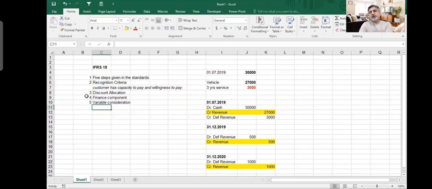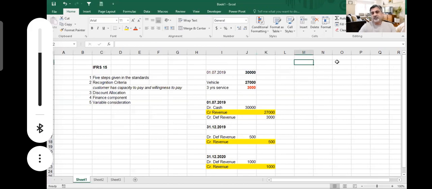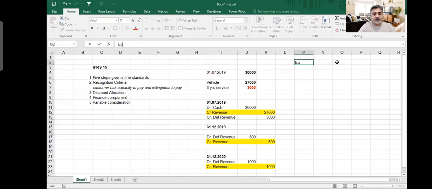So first we talk about discount allocation in IFRS 15. Let's suppose that they tell you that we sell some equipment. If somebody buys equipment standalone, standalone means only equipment, the equipment costs something like, let's call it, 30,000.